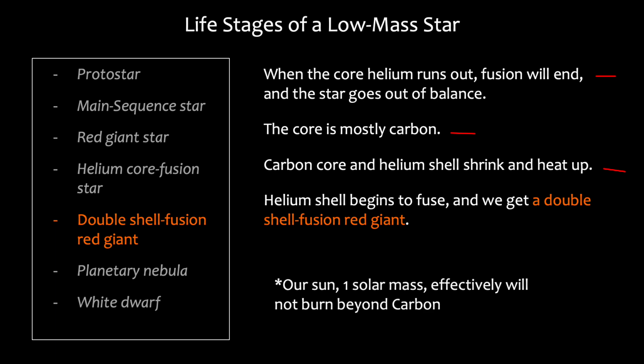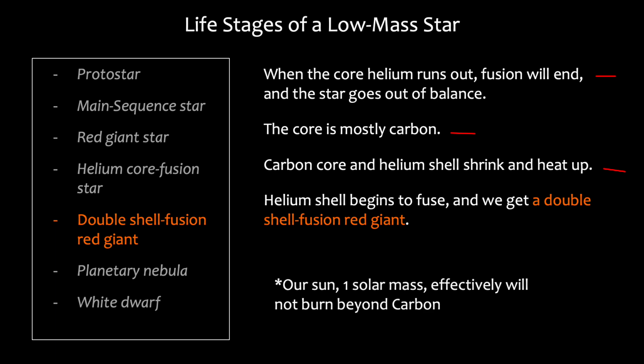And I want to point out as well, our sun, which is one solar mass, effectively will not burn beyond carbon. Okay. Now here we say double shell because we had a hydrogen shell layer that surrounds the helium core, and the helium core slowly turns into a carbon core. Okay.